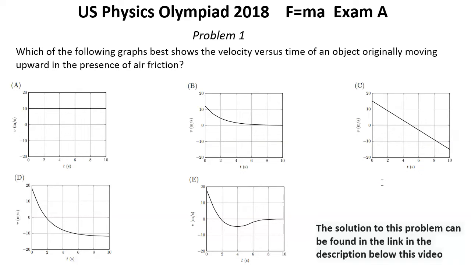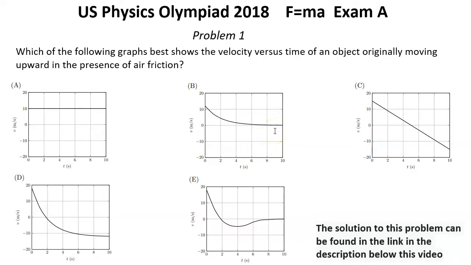So it means that it looks like there is no air resistance. On other pictures we have terminal speed, but on picture A it's positive. It means that the object is always going up, which is not correct. On pictures B and E we have terminal speed equal to 0.